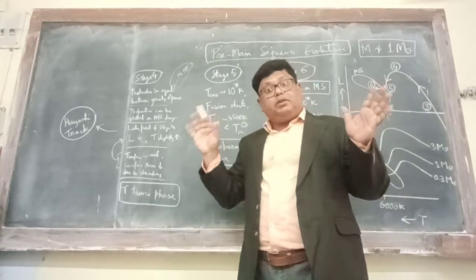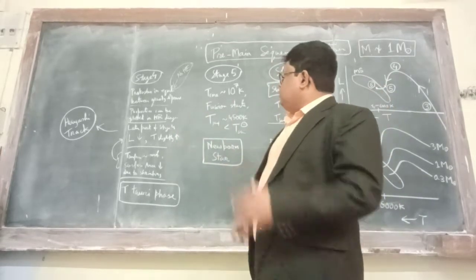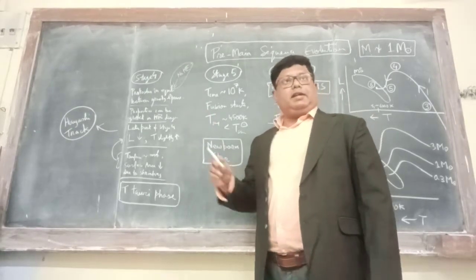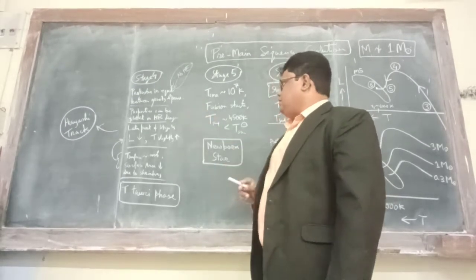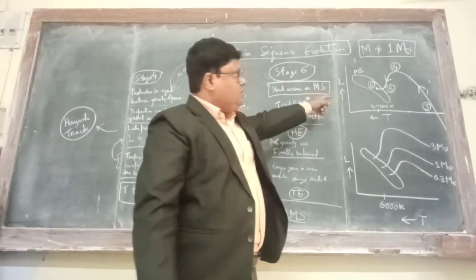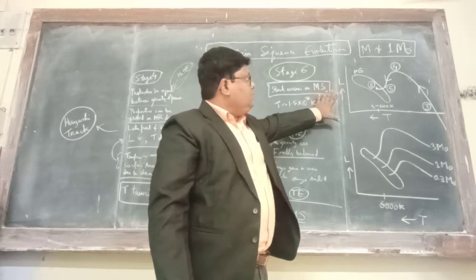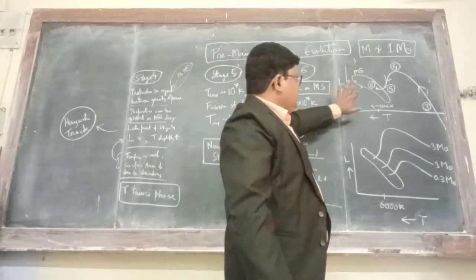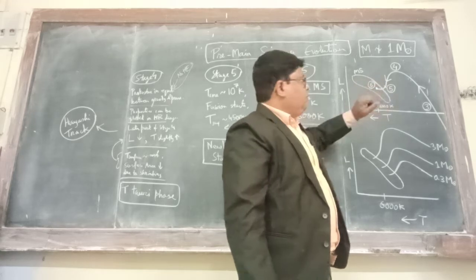These are important points. Now, the properties of the star can be plotted in the HR diagram. This is where I have plotted. Previously it was blank, now you can see some structure. Let us concentrate on this part now.